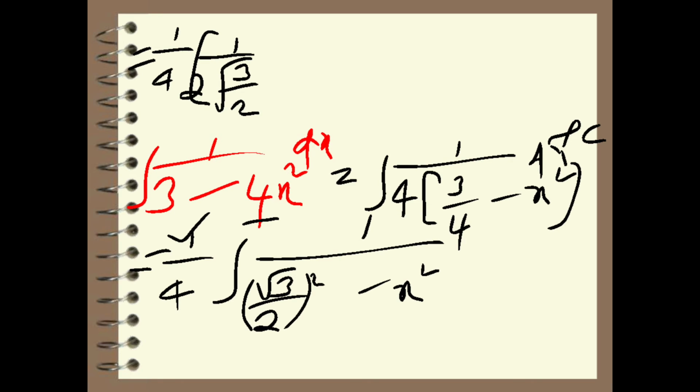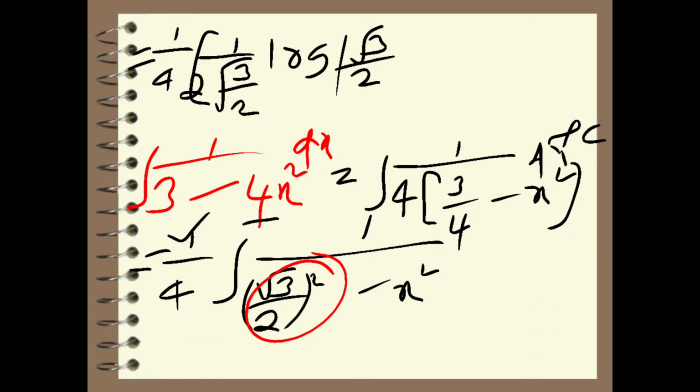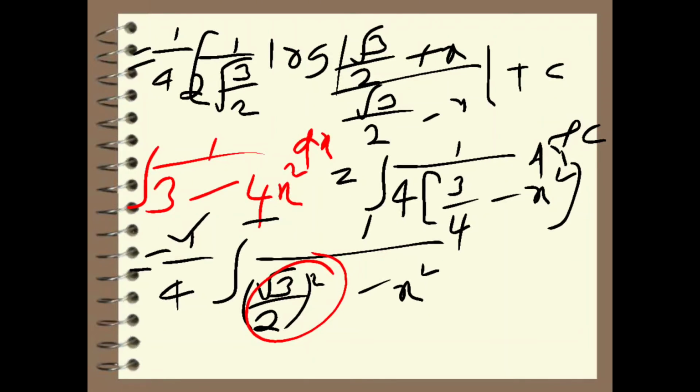In the place of a, root 3 by 2 is there. So 1 by 2a, that is 2 into root 3 by 2, into log modulus of a plus x by a minus x, where a means root 3 by 2: root 3 by 2 plus x by root 3 by 2 minus x plus c.